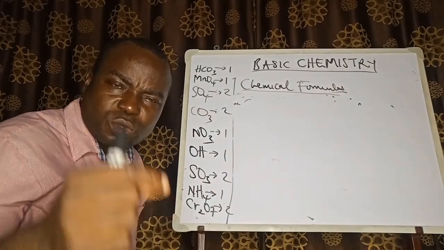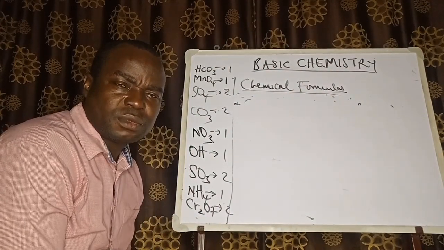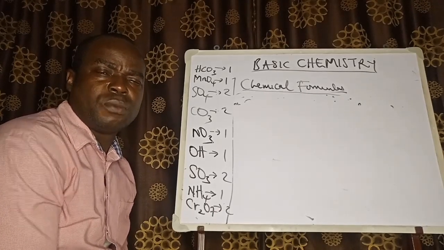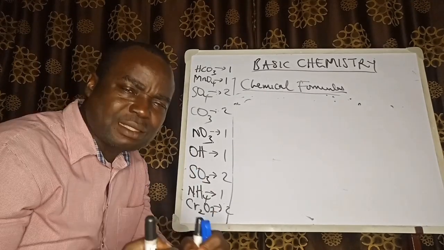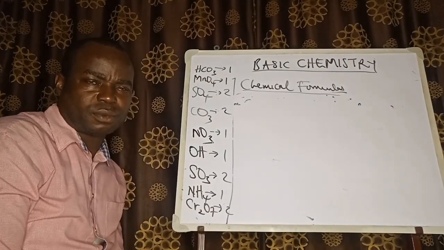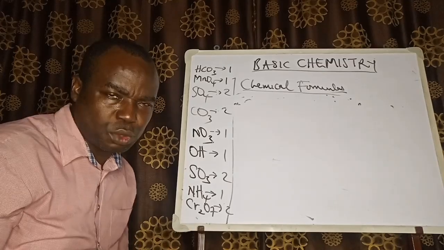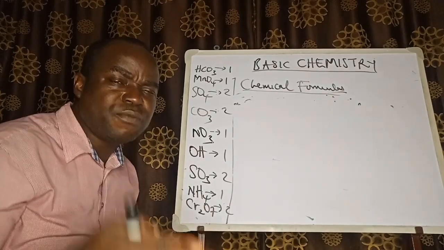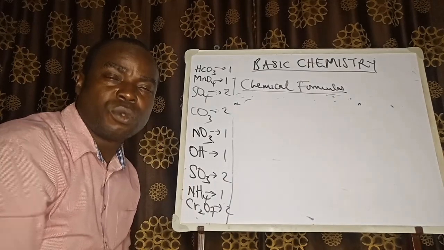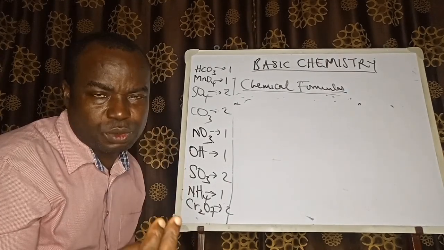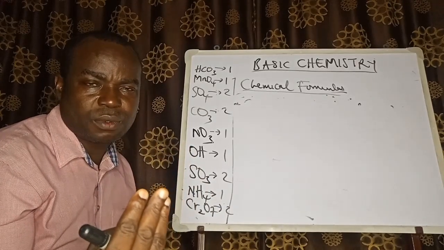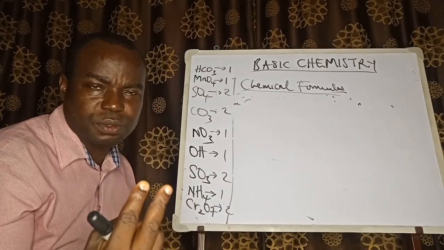If the valency is not given, take the valency to be 2. But we have some exceptions. In fact, let me give you 2 basic exceptions.